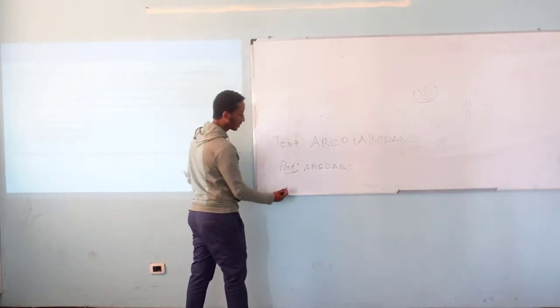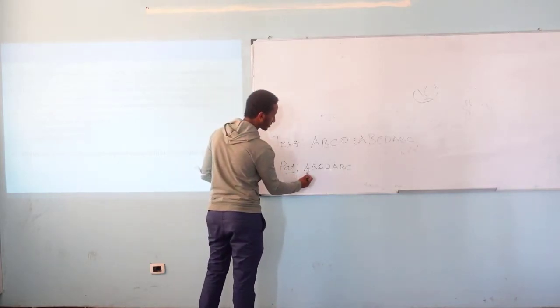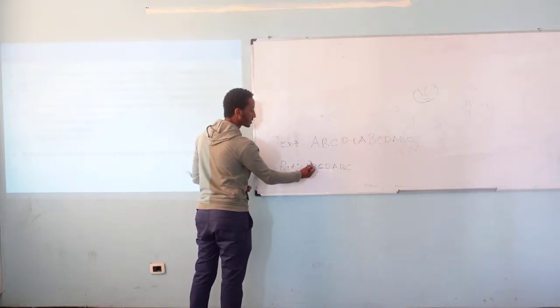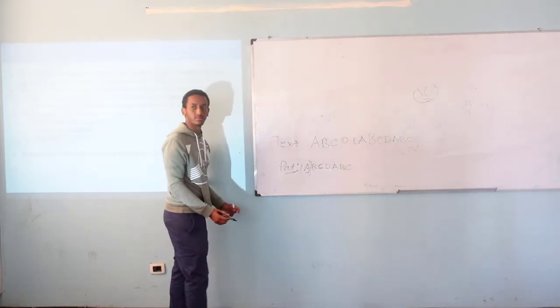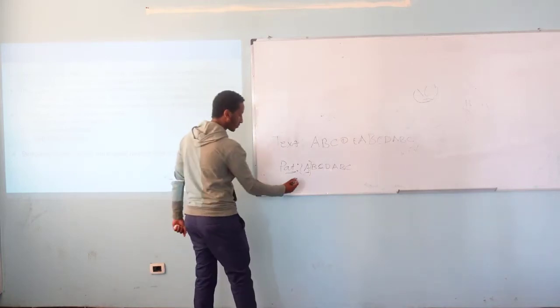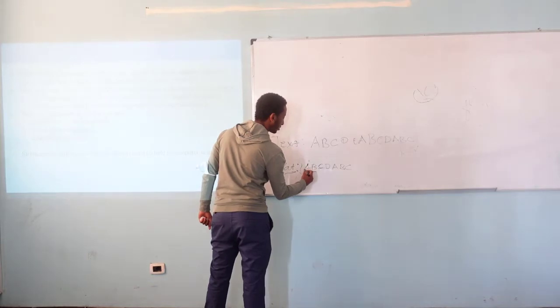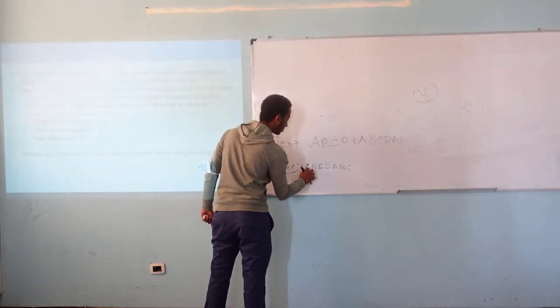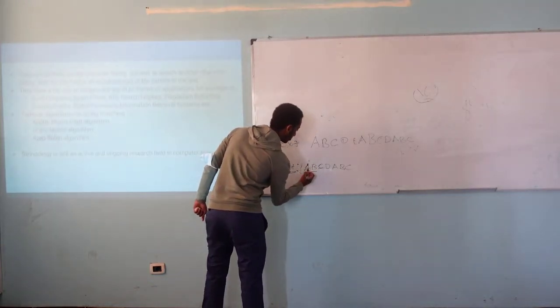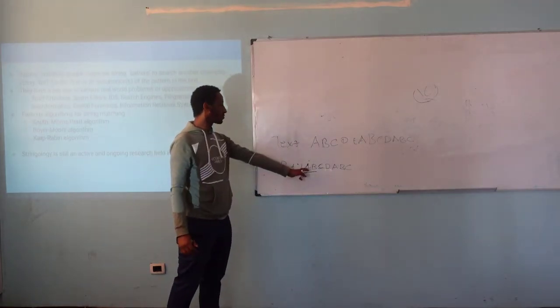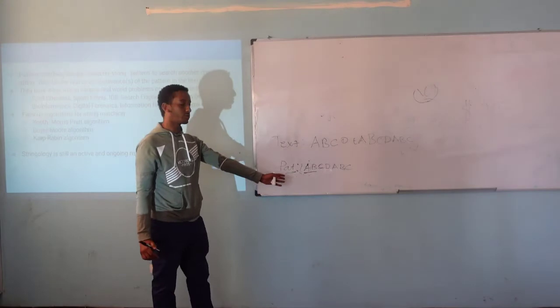For example, when we consider A, just A is the maximum prefix and suffix of the string up to this point, right? And when we include up to B, these two don't match, so the maximum prefix which is also a suffix will be 0.